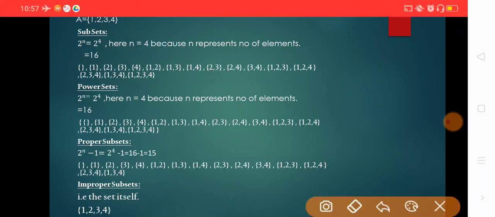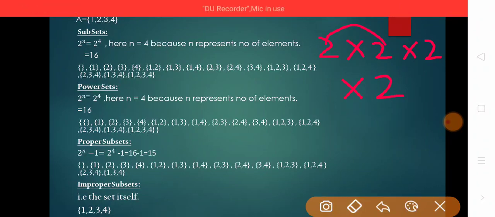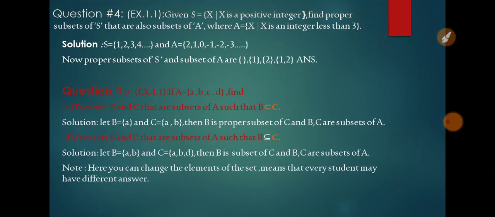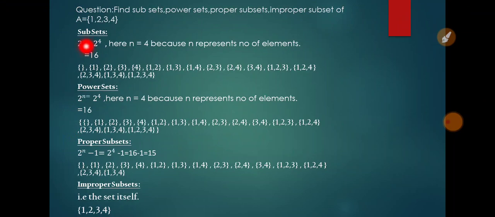This is just like 2 multiplied 4 times: 2 2s are 4, 4 2s are 8, and then 8 2s are 16. This is how we are going to multiply it. 16. Now here we have a total of 16 subsets of A.